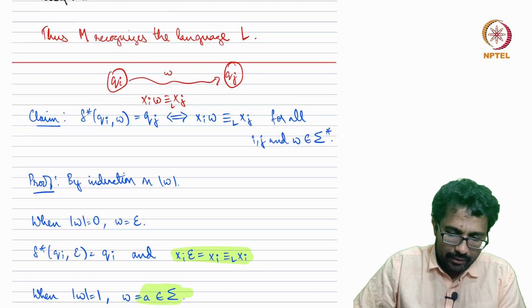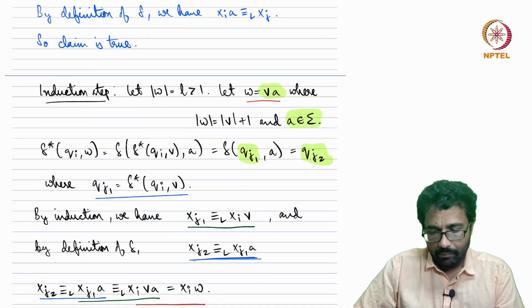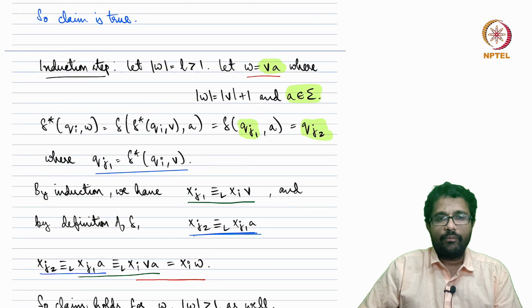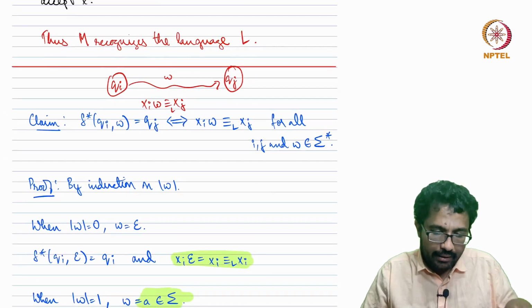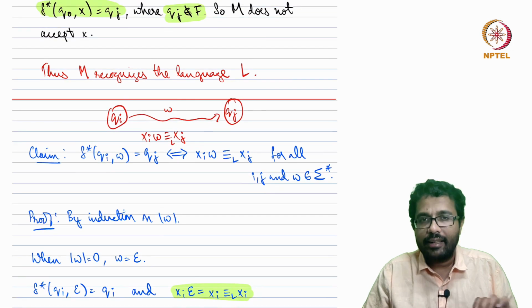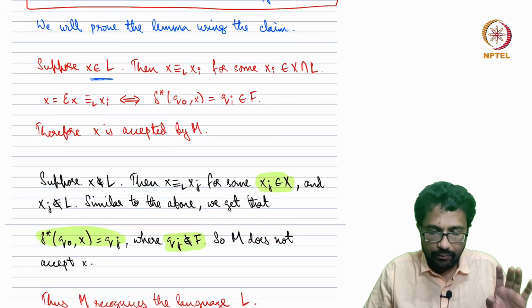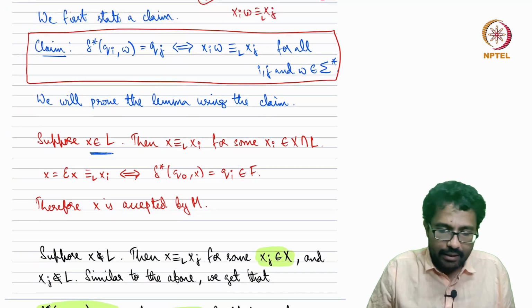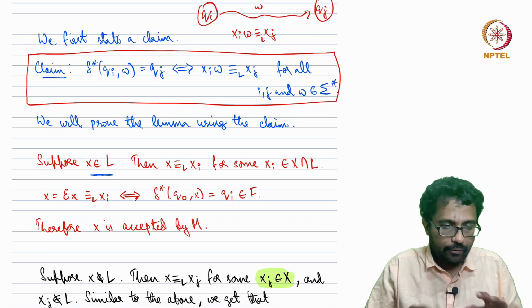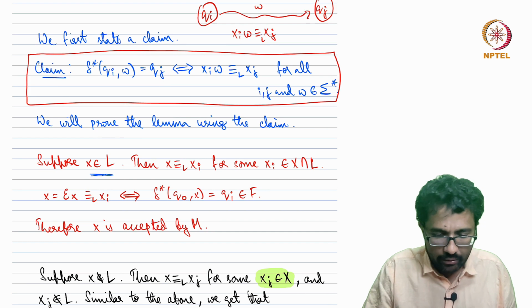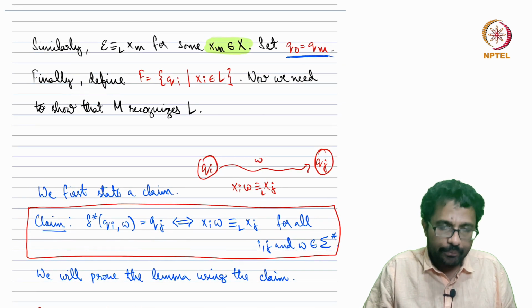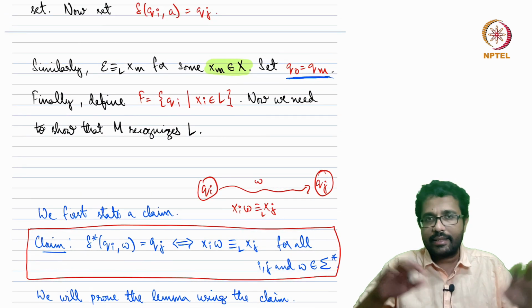If you find the induction too technical, my suggestion is to probably forget the induction for a moment and just try to understand the rest of the proof. The rest of the proof is fairly nice and easy to follow. Try to just believe the claim. Forget about worrying about the proof of the claim. Try to believe this claim that is in the red box, and try to see how the construction of the DFA works.